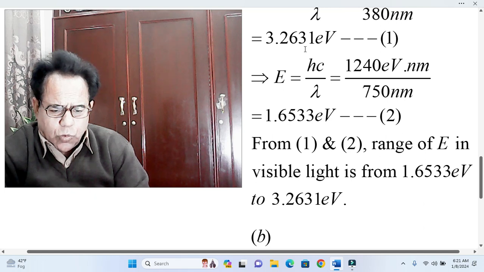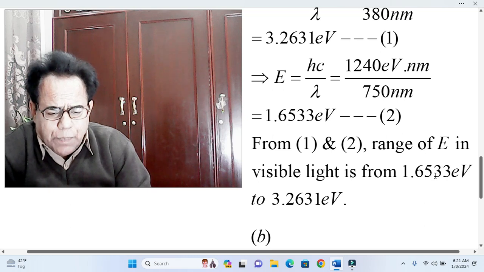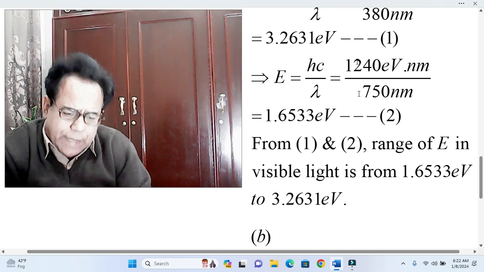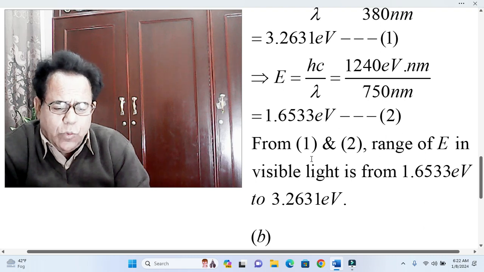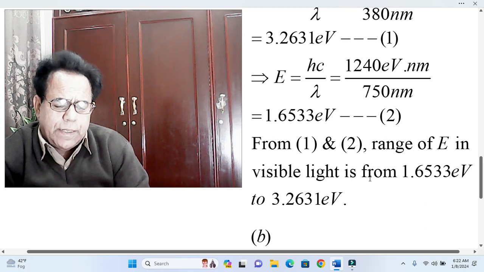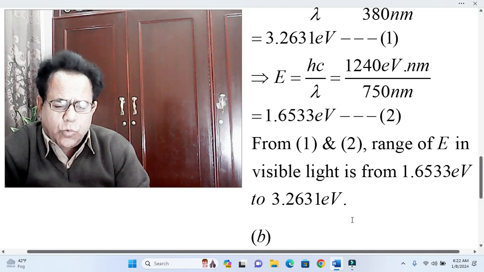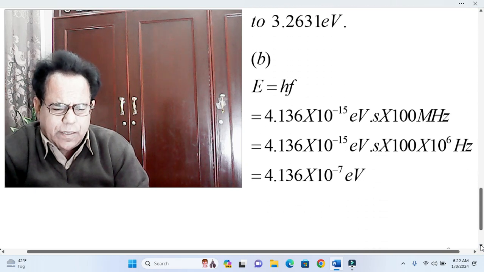3.2631 electron volt. Okay, dear students, actually this value has appeared in the second stage, while this value has been obtained in the first step, but here we have reversed this arrangement because this is the smaller value and this is the greater value, and when we are talking about a range, we speak from smaller to greater value, so that the sequence remains.